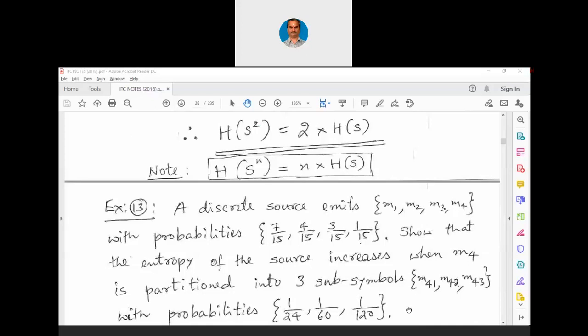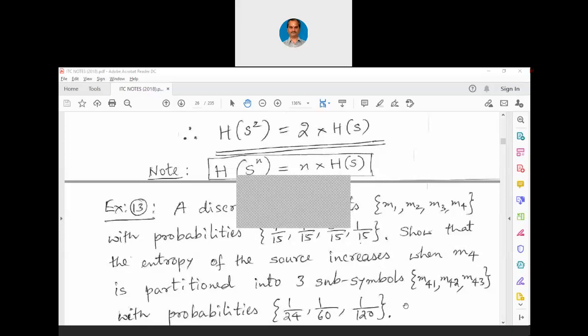Now, we had shown earlier that when symbols are split, entropy does not get reduced. That we have seen. But at that time, we did not tell you that entropy will get increased. Now we have seen in the second order extension that entropy is getting increased. Here also, when this last symbol M4 is split into 3 subsymbols with different probabilities, even though the total is 1 over 15, the total information gets increased.